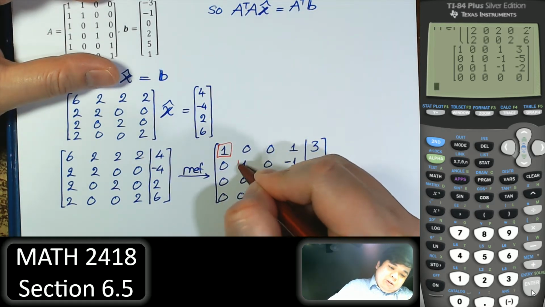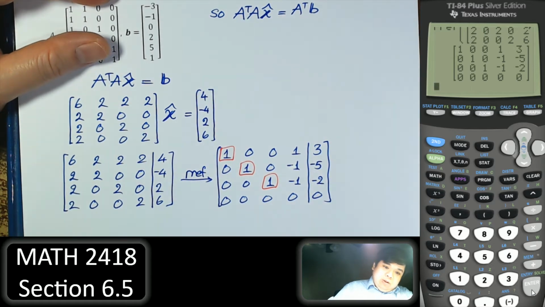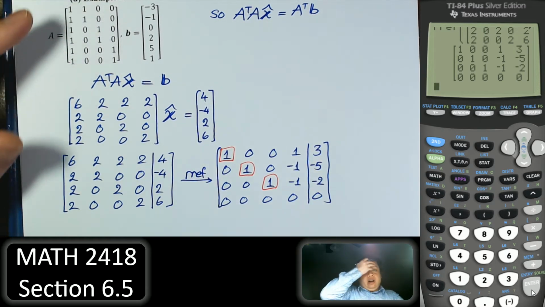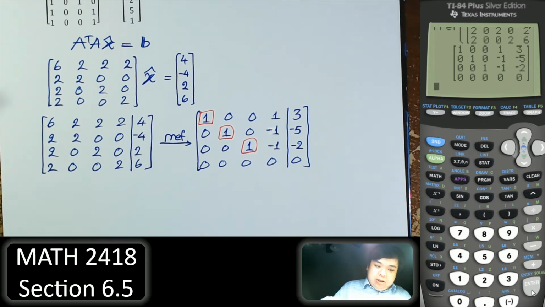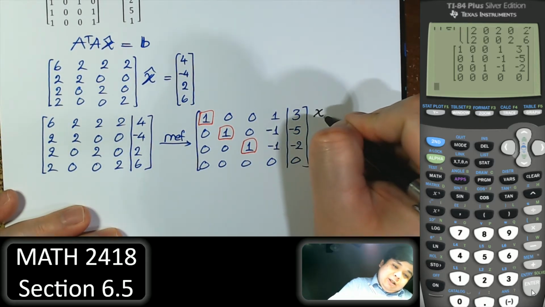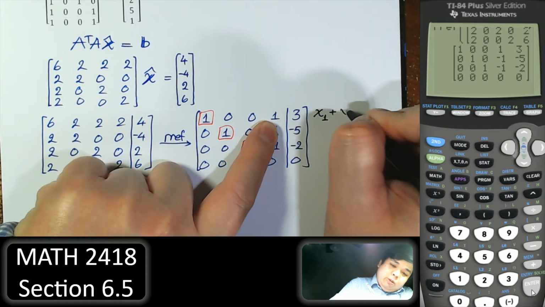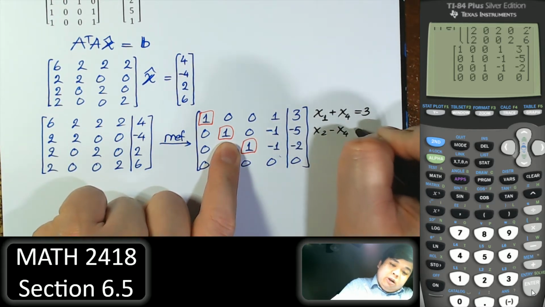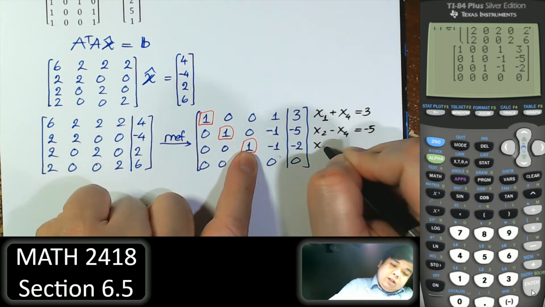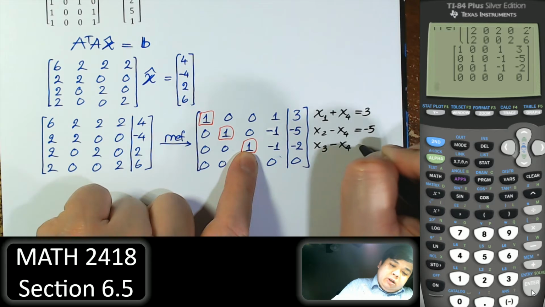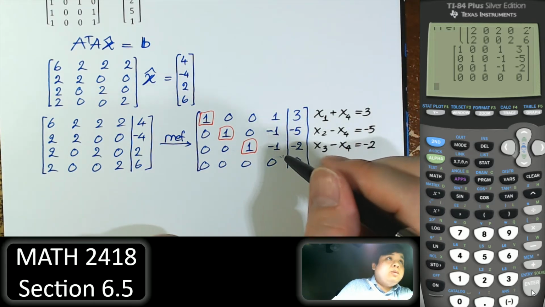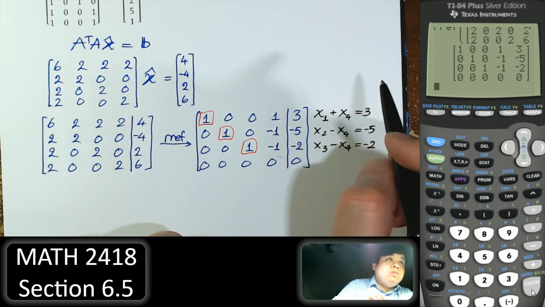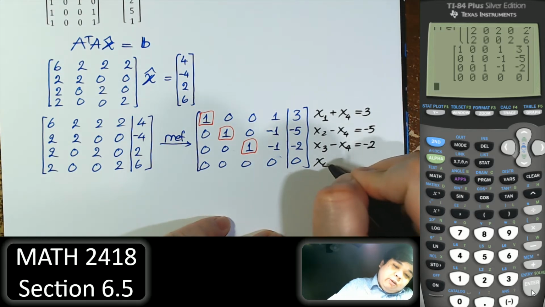So we have one, those are the pivots, and it looks like x4 is free. Right, so let's write that: x1 plus x4 equal to 3, x2 minus x4 equal to -5, and x3 minus x4 equal to -2. And x4 is 3.